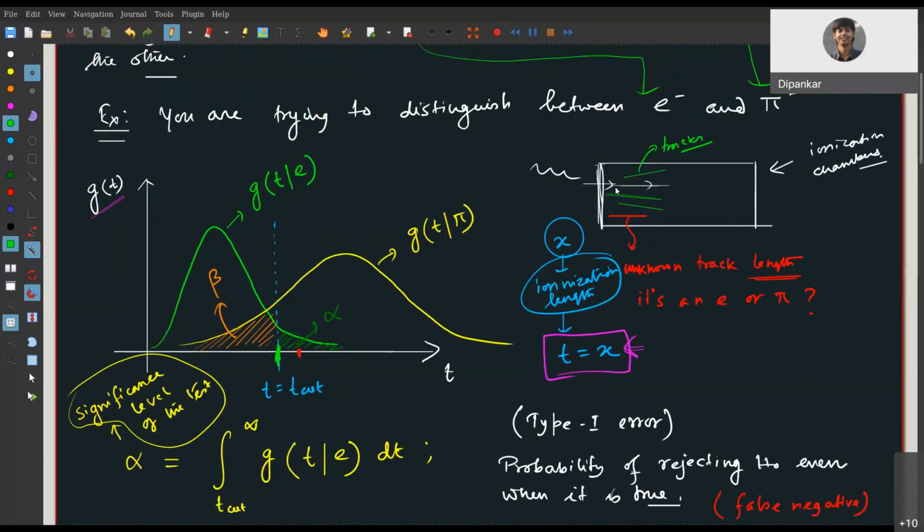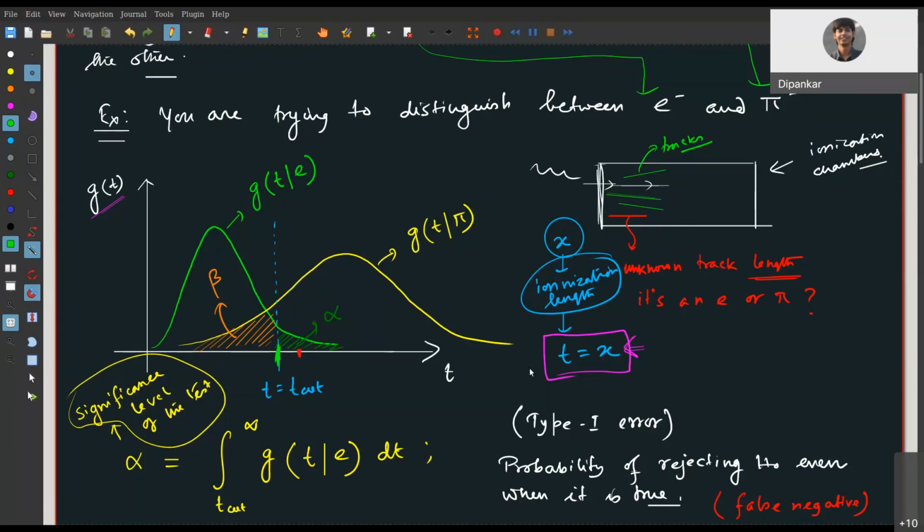So remember, when I am constructing these things, I shoot 1 million electrons into this detector and see how it behaves, and then I plot this. Then I shoot 1 million pions into this and see how it behaves. This is essentially your Monte Carlo training.